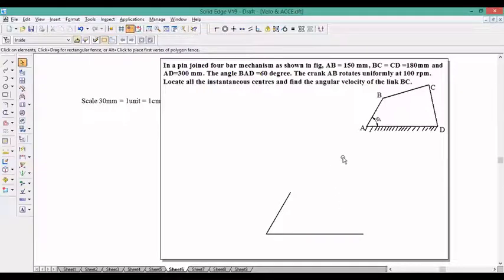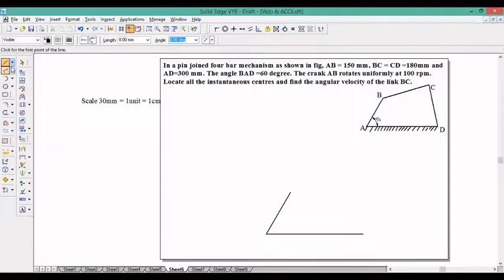Then the length BC and CD is equal to 180 millimeter. So 180 divided by 30, 6 centimeters. So let us take arc by center point method. Keep the compass leg at this point and take radius 6 centimeters.